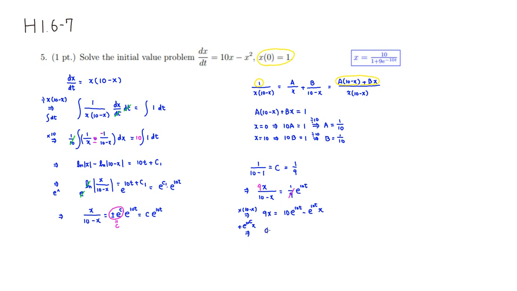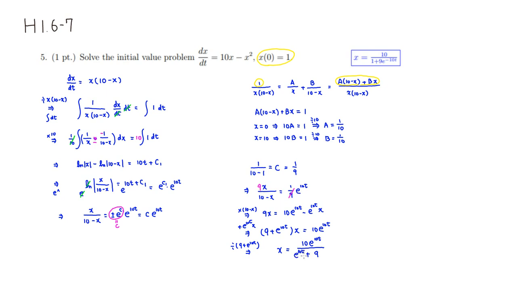So you're going to get 9 plus e to the 10t, quantity, times x is equal to 10 e to the 10t. Then we can just find x by dividing through by 9 plus e to the 10t. Then you have x is equal to 10 e to the 10t over 9 plus e to the 10t.